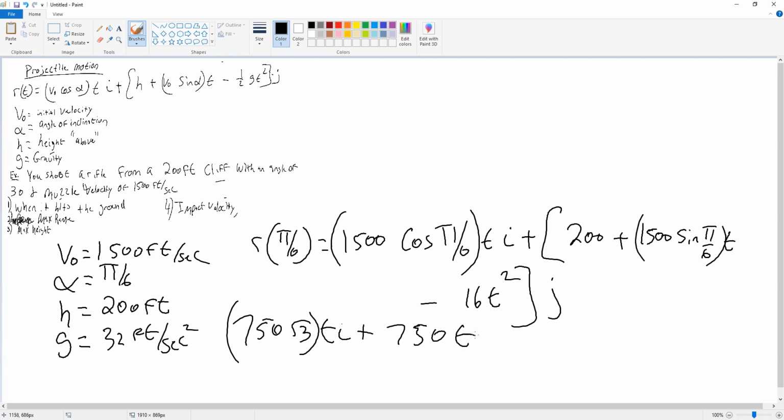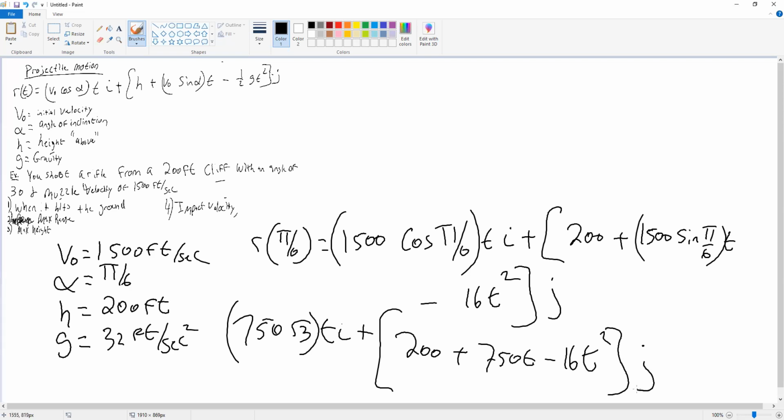So there's going to be 200 plus 750t minus 16t squared, j.